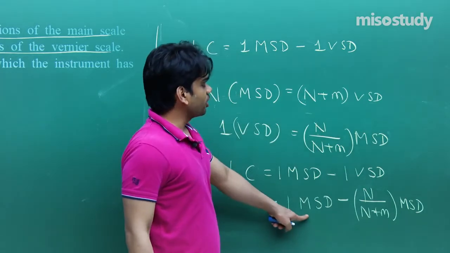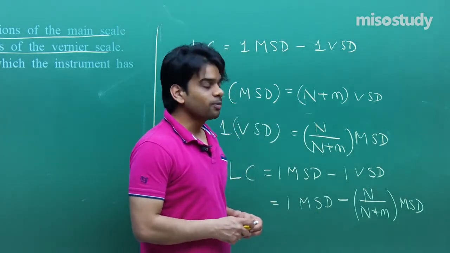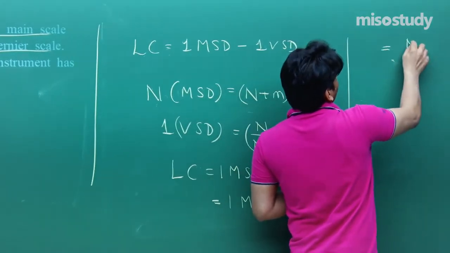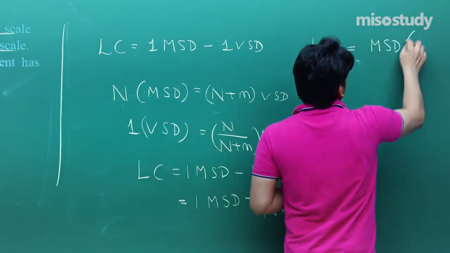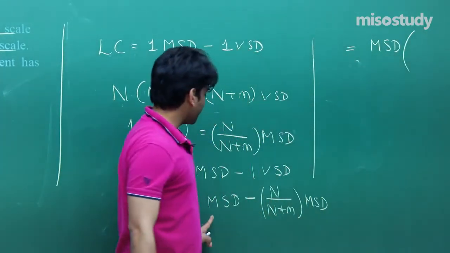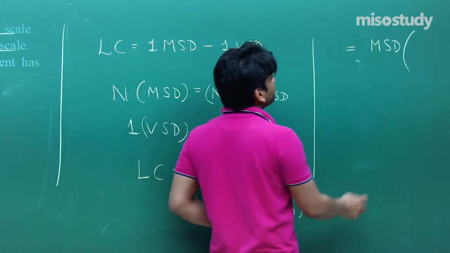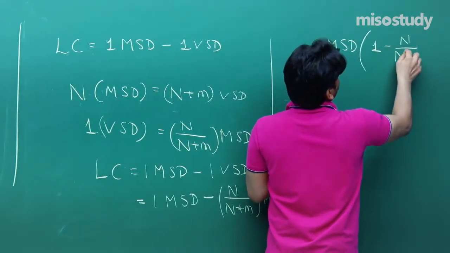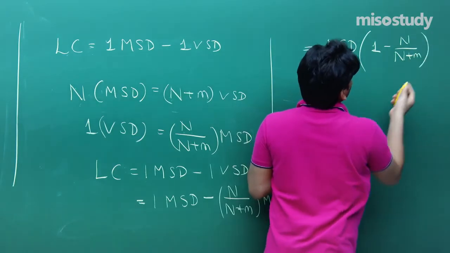Now MSD can be taken common, and 1 minus n upon n plus m, let's do that, is equal to MSD, and here we will be having 1 minus n upon n plus m. This term we obtained. Now simplify this.